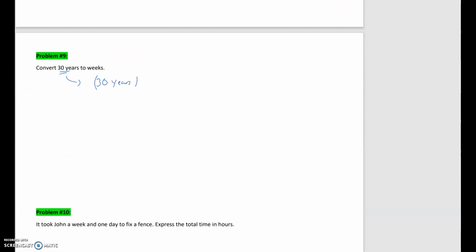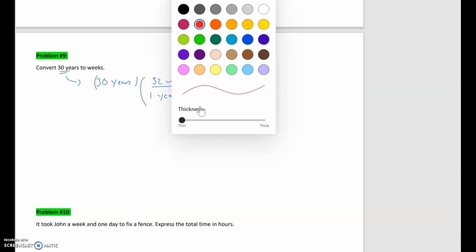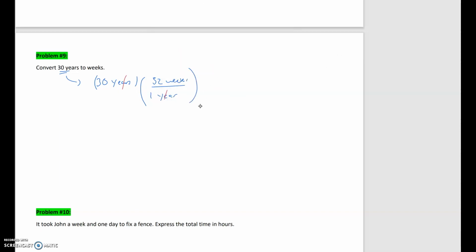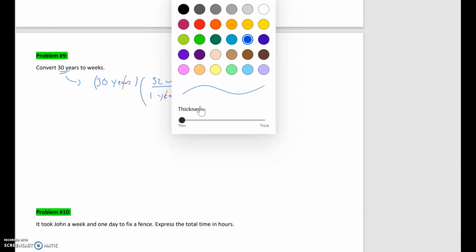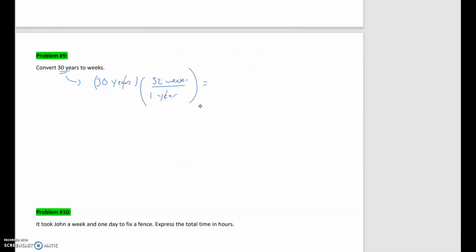So we're looking at 1 year is equivalent to 52 weeks. And then as we do the cancellation, we're gonna end up with the total of 30 times the values of 52, and this will be weeks.